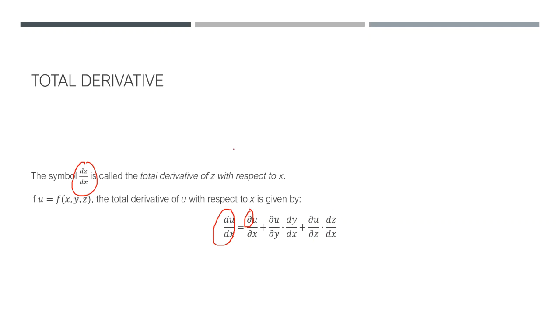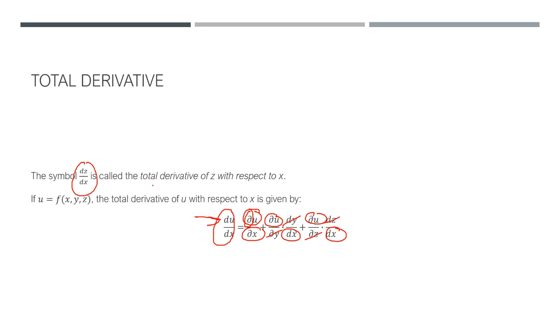So if you can observe, since we are getting the du over dx, from here we can cancel this, and what will be left is in terms of u and in terms of x. So that's how we can get the value of our total derivative of u with respect to x.